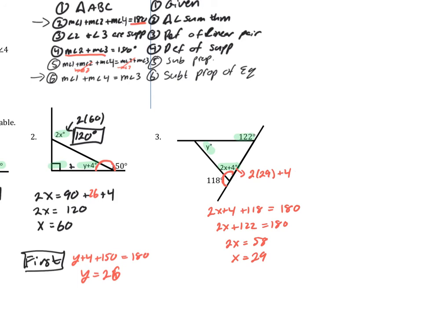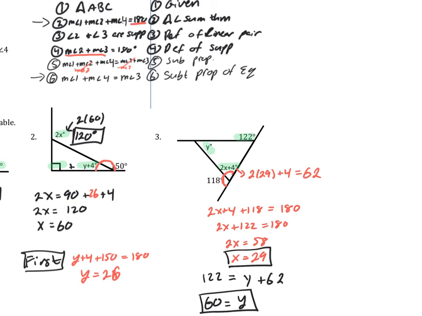All right, so now I can use my exterior angle theorem to solve this problem. 122 is going to equal the sum of the two remote interior, y plus 62. Subtracting 62 from both sides, we're going to find that 60 equals y. And then that's our last piece if we want to define both of our variables.